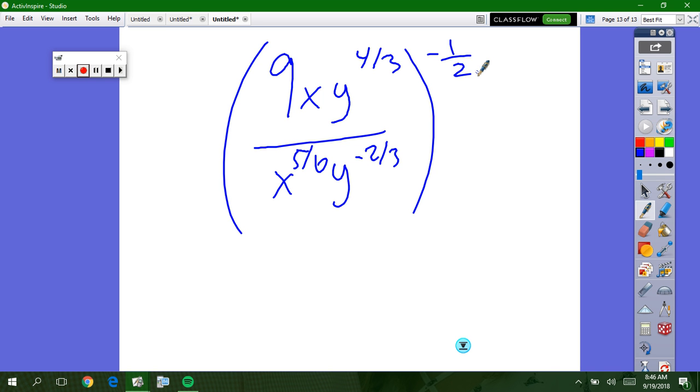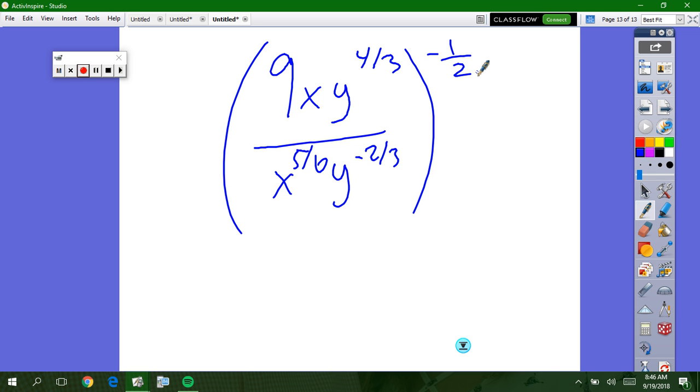What do we want to do first? I, Mr. Roberts, would always order of operation this sucker. Order of operation says we need to do what? Anything inside the parentheses.